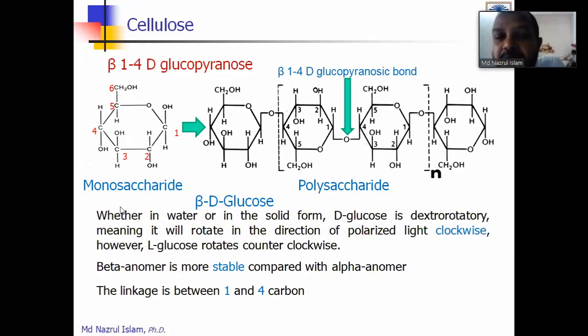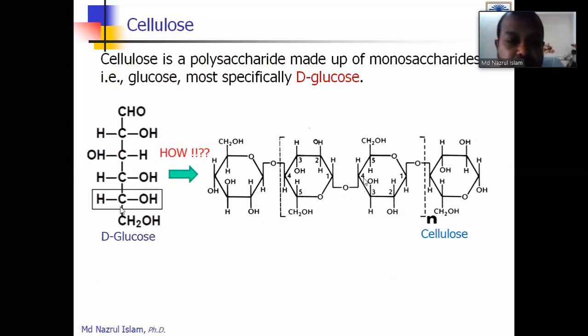Never mention that wood is made from only glucose, because we are studying wood chemistry, so we need to know the details. That type of bonding we call the glycosidic bond, made between carbon 1 and carbon 4. We have already discussed that cellulose is a polysaccharide made from a monosaccharide, D-glucose.